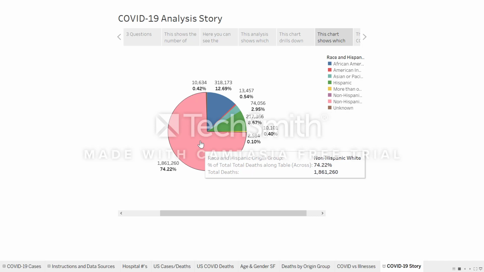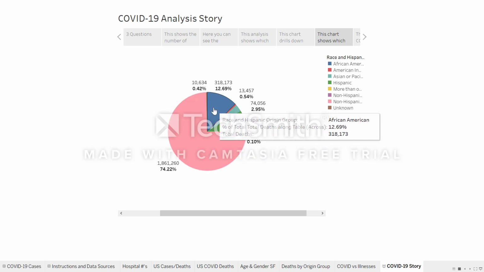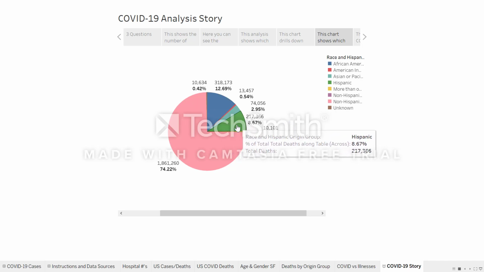And quickly following behind it is African Americans at 12.69%, a total of 318,173 deaths. And Hispanics is the third, at 8.67% total.